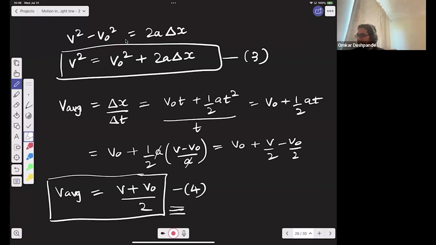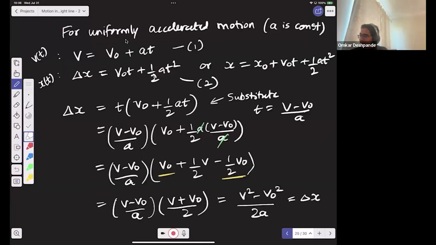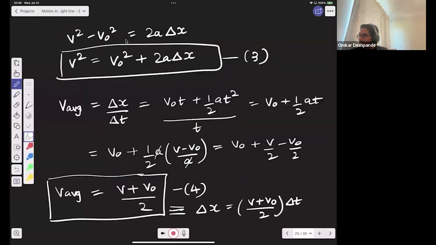Another equivalent way of writing this is delta x is v average times delta t. So we can just say delta x is the average velocity times delta t. So these are the three equations. The fourth equation is not as important, but the three equations come in very useful in 1D kinematics.